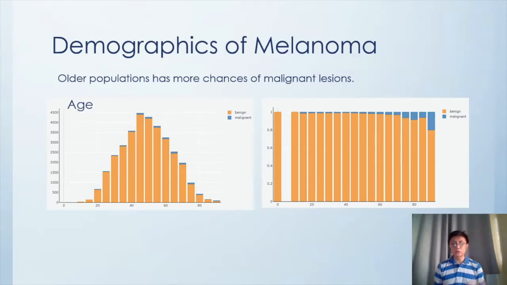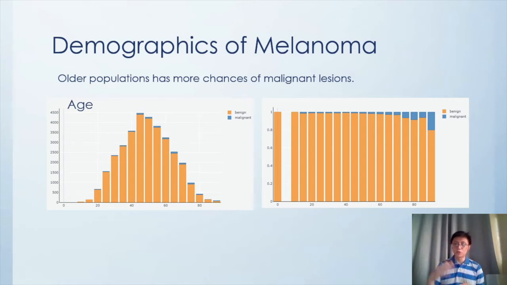The dataset also contains metadata around the samples, and one of these is age. I share here the histogram of the ages in the sample, as well as the percentage of benign and malignant samples in the specific bin. On the left side are the raw counts histogram, and it may be quite hard to see the differences per bin.